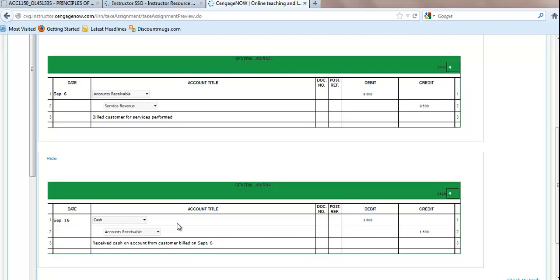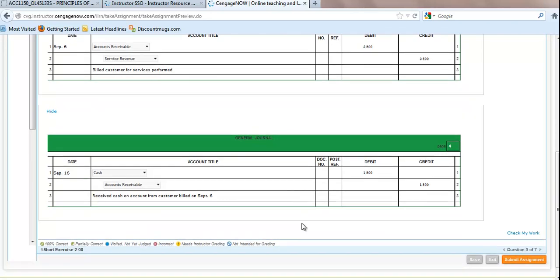And from this transaction, you can see a debit of $3,800 minus a credit of $1,800 shows that they still owe me $2,000. So I debited cash, credited accounts receivable, I decreased my accounts receivable. My debits equal my credits, and this transaction is also one that we refer to as we've turned our receivables into cash. We've collected or received part of the money that is owed to us from our customers.